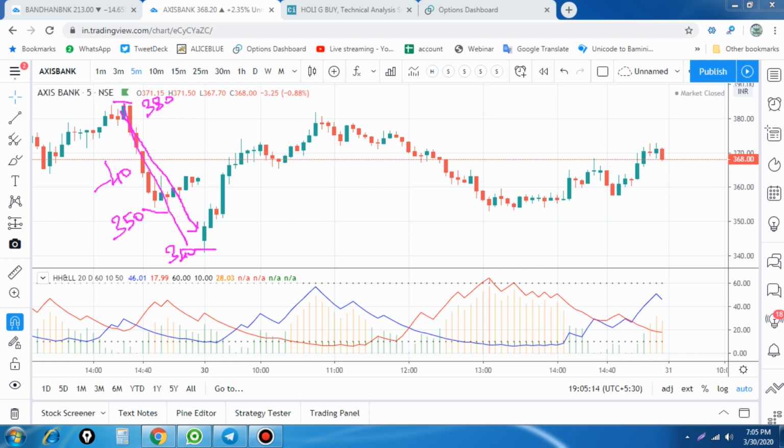When the stock is already beaten down, we try to find a buying opportunity, and we are waiting for it. Once it is down, we wait for a reversal signal. The sell happened here, and from there it was a big fall, almost 40 rupees. From that 40 rupees fall we are finding the buy opportunity.